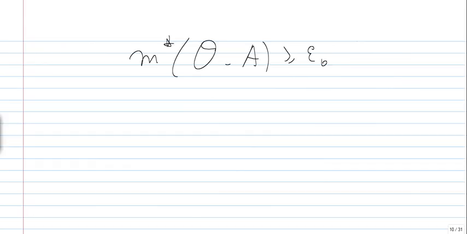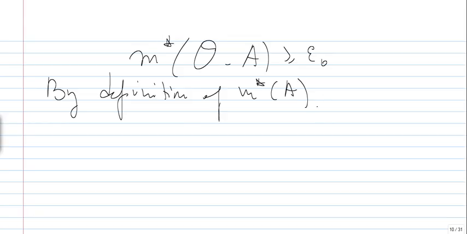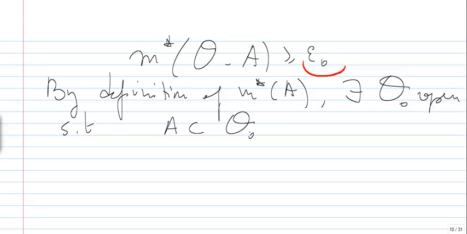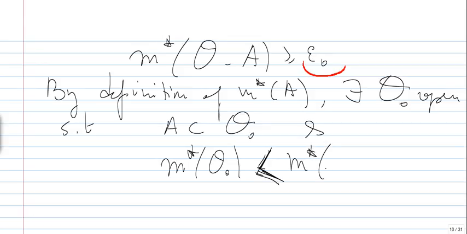On the other hand, by definition of the outer measure of A, we know for this epsilon 0 there exists an open set O0 such that A is a subset of O0 and the outer measure of O0 is less than the outer measure of A plus epsilon 0 over 2.